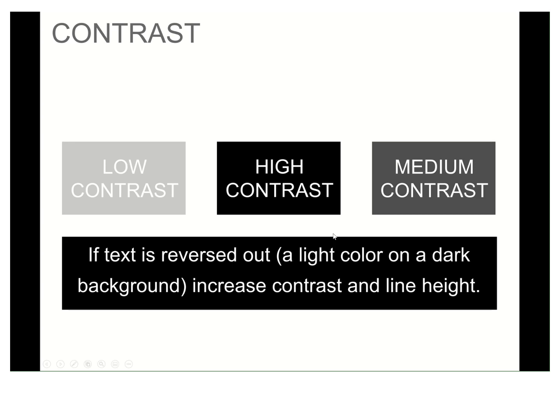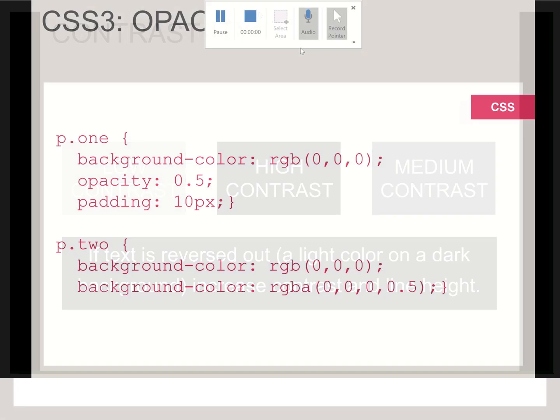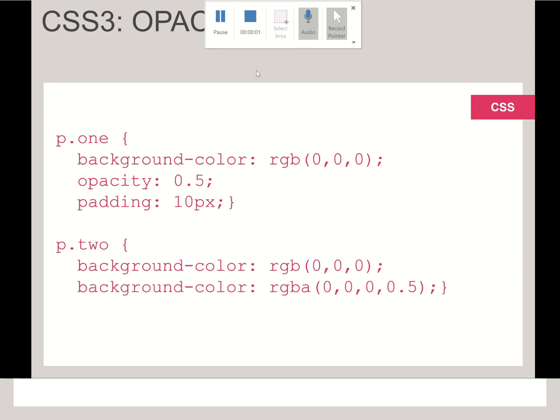Okay. So this is about this question. Here we talk about opacity. It was first introduced in CSS 3, but still continues to be available in CSS 4, the latest version. Opacity is the other side of transparency, correct?